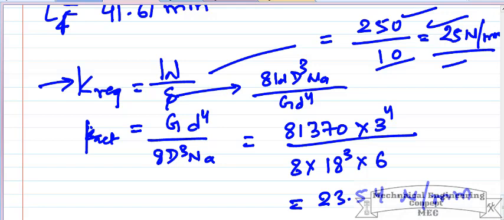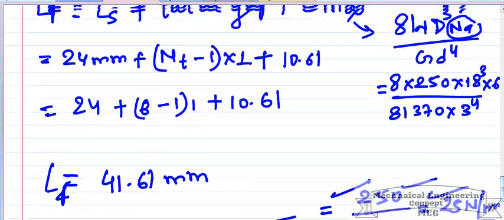That much spring stiffness we have in the spring, but that much spring stiffness we required for the 6 coils which is supporting the load of 1500 Newton, in which one spring supports 250 Newton. Okay, so this is the way you can solve this problem.